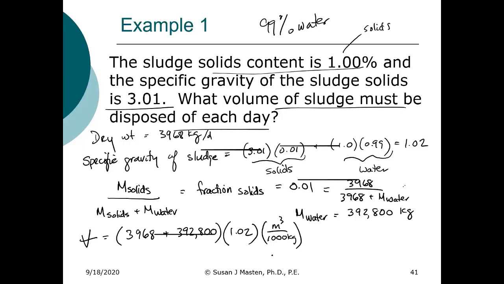This gives us 404 cubic meters per day. So we would have roughly 400 cubic meters per day of sludge that we would have to treat and dispose of.